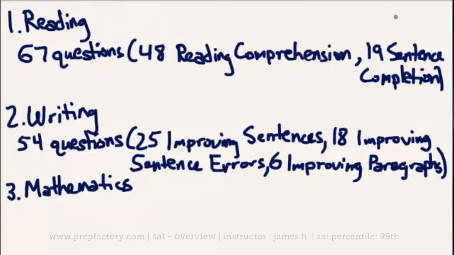There will be 18 identifying sentence errors questions. You'll be given a sentence with 5 options for an error, and you'll be asked to identify which one is incorrect. There are also 6 improving paragraphs questions, in which you'll be given a whole paragraph or even 2 paragraphs, and you'll be asked to figure out ways to change the paragraph to make it better.